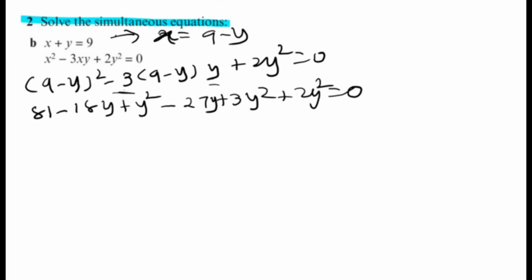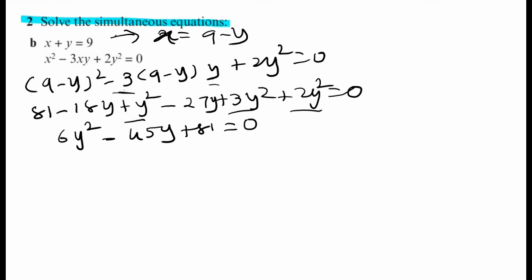Okay, collecting like terms: y squared plus 2y squared and 3y squared. So it will give me a total of 6y squared. Then minus 27y minus 18y, that will give me minus 45y, and plus 81 is equal to 0.